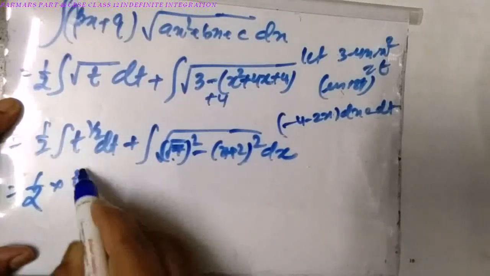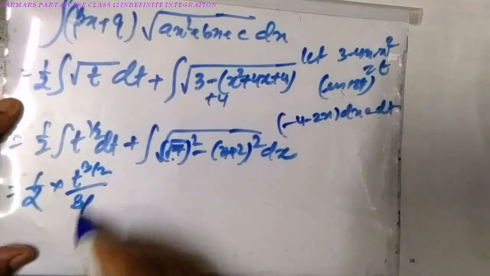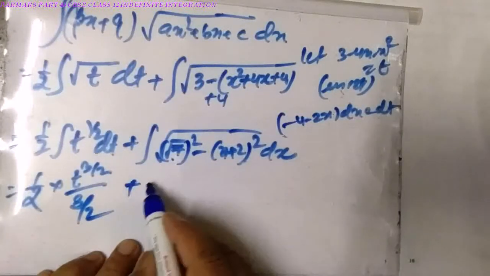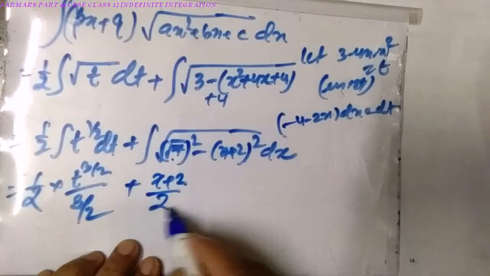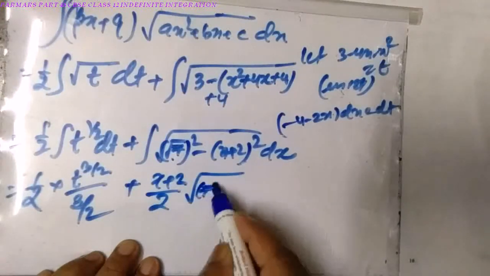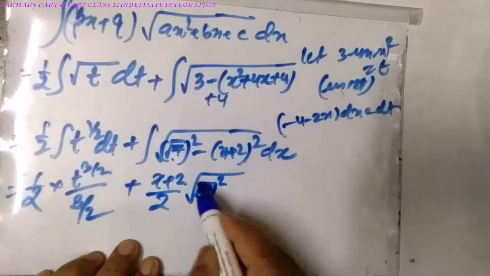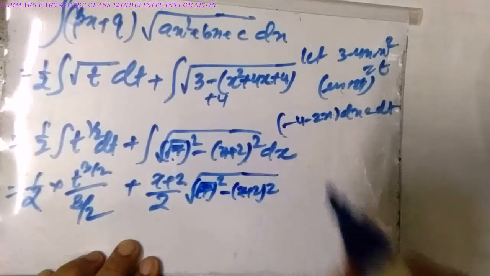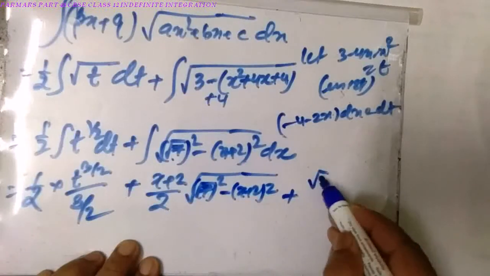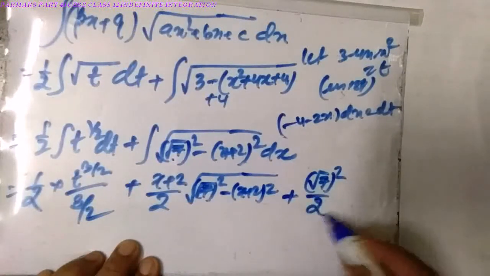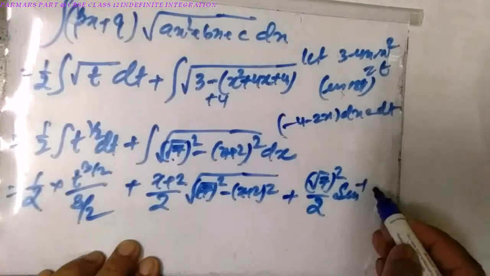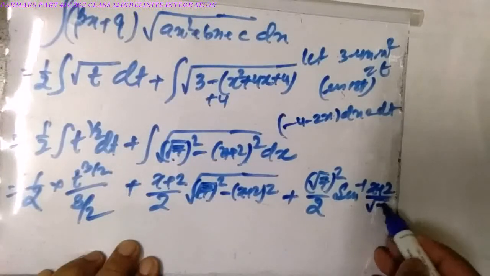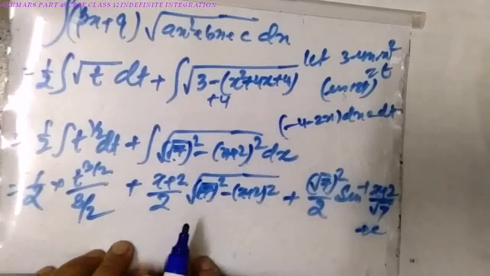This is t to the power 3 by 2 by 3/2, plus x by 2 root under a square minus x square plus a square by 2 sin inverse x by a, plus c. Here x plus 2 is in place of x.